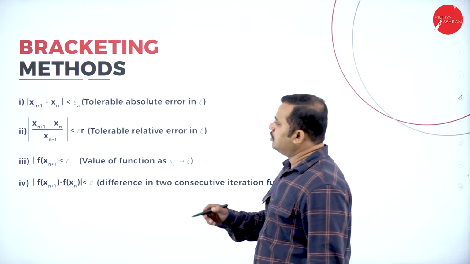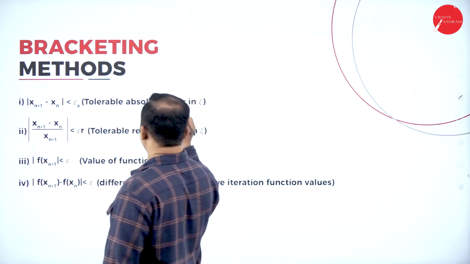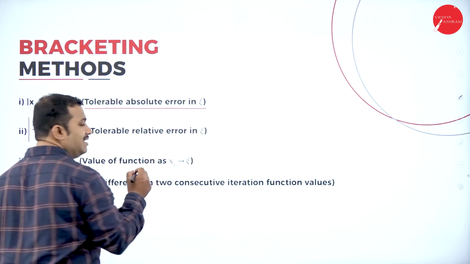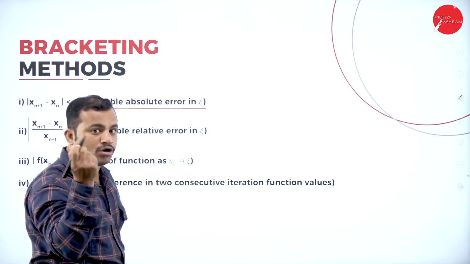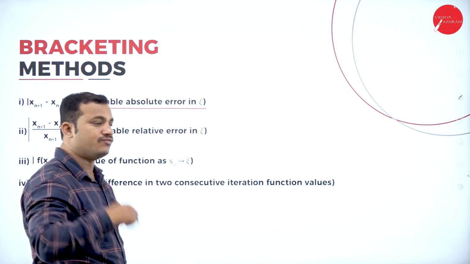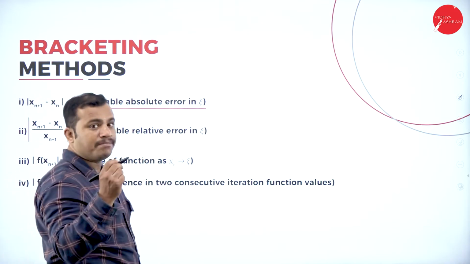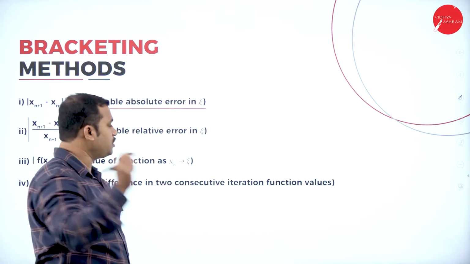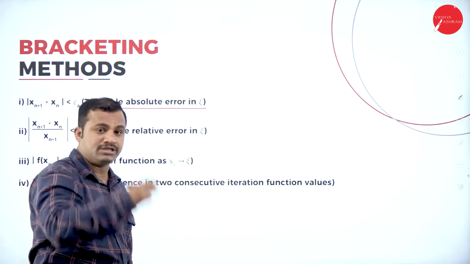Now, let me take you into the different types of error here. Tolerable absolute error. My dear students, please make a note of it if you are watching this video, because it is very, very important in the examination. You will get a 1-2 marks question from this, especially from this slide.